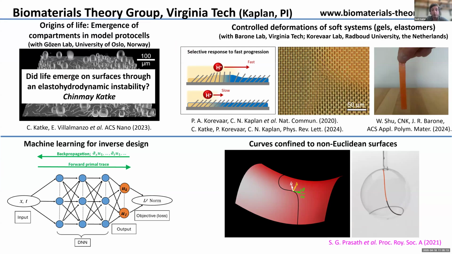So we also focus on gel mechanics, but specifically the mechanics of chemically responsive hydrogels. And the main question that we are asking here is, as in biological systems, can we incorporate reverse feedback from mechanics to chemistry?